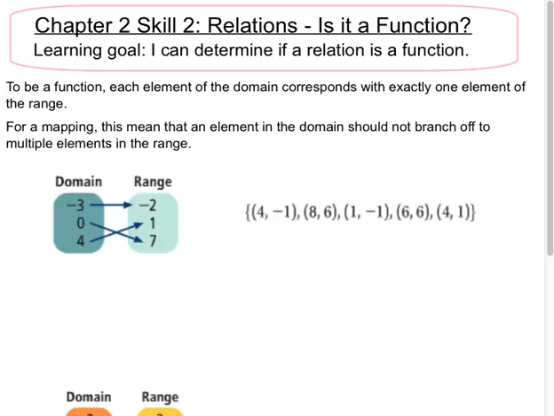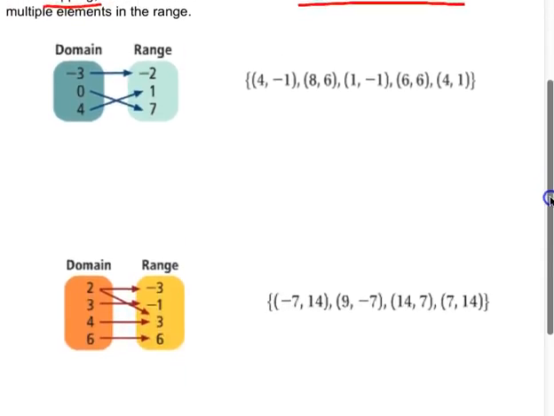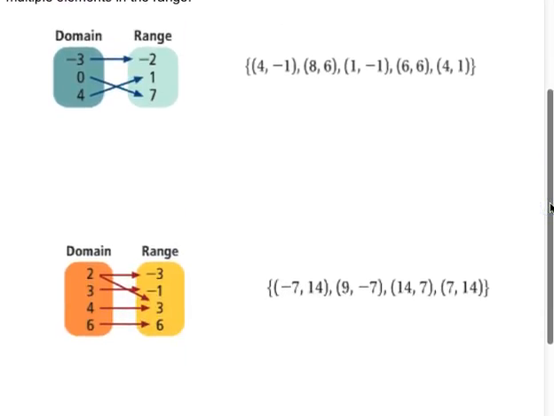So for mapping, this means that an element in the domain should not branch off, okay? Because if an element in the domain is branching off, that means it's being used twice. Let me show you what that means. Here, every domain value should go to exactly one y value.